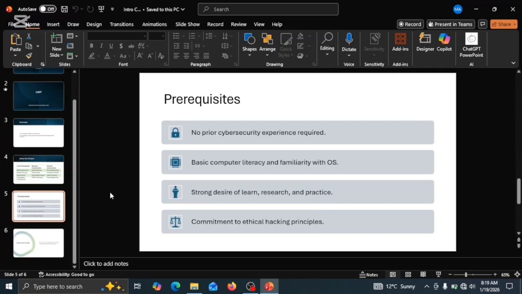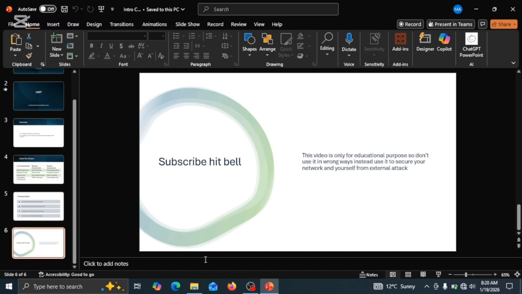And you should also be committed to ethical hacking principles. These principles are very important for you to avoid legal issues.